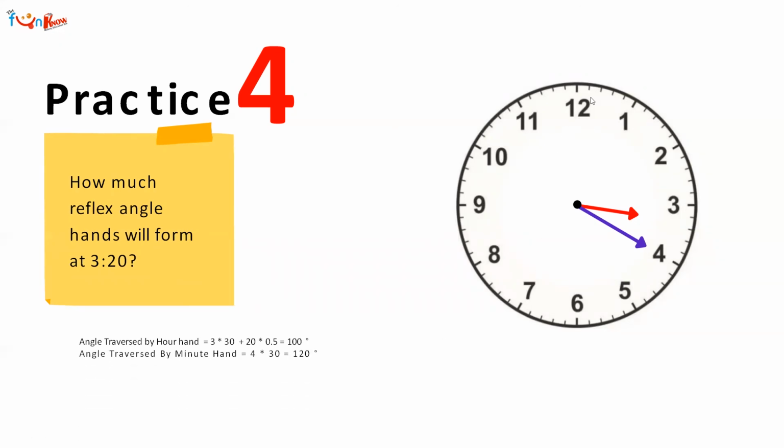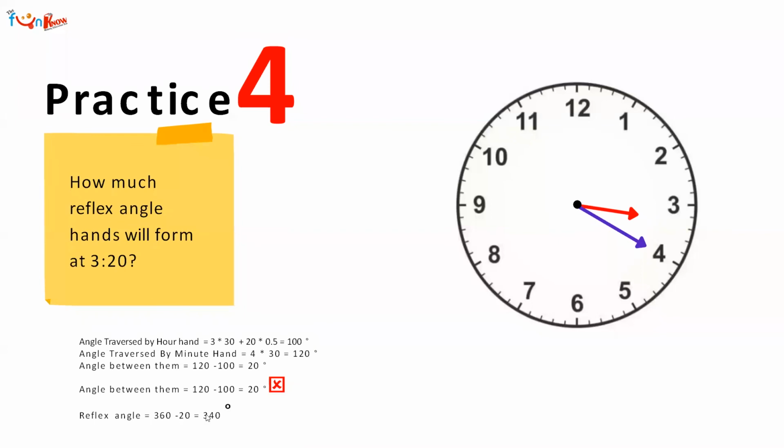Now we will calculate the angle traveled by the minute hand. And we already know it's at the 4. So it will be 4 times 30, which is 120 degrees. Now, we know these angles. But remember, we were asked for the reflex angle. So if you do 120 minus 100 and say the answer is 20, then it's a wrong answer.